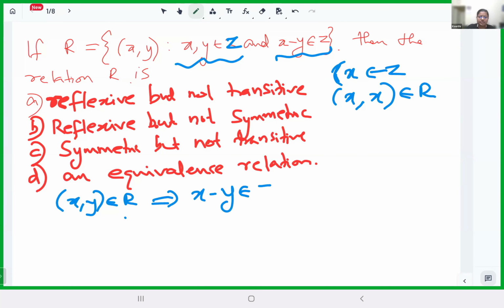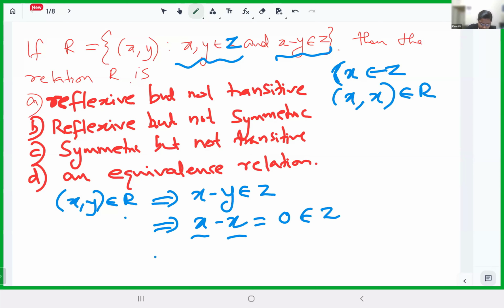If the ordered pair (x, y) is an element of R, the difference of those two elements should be an integer, x minus y belongs to Z. So what can you say about x minus x? x minus x is equal to 0. Is 0 an integer? 0 is an integer. So 0 belongs to Z, which means the difference of x and x is an integer.